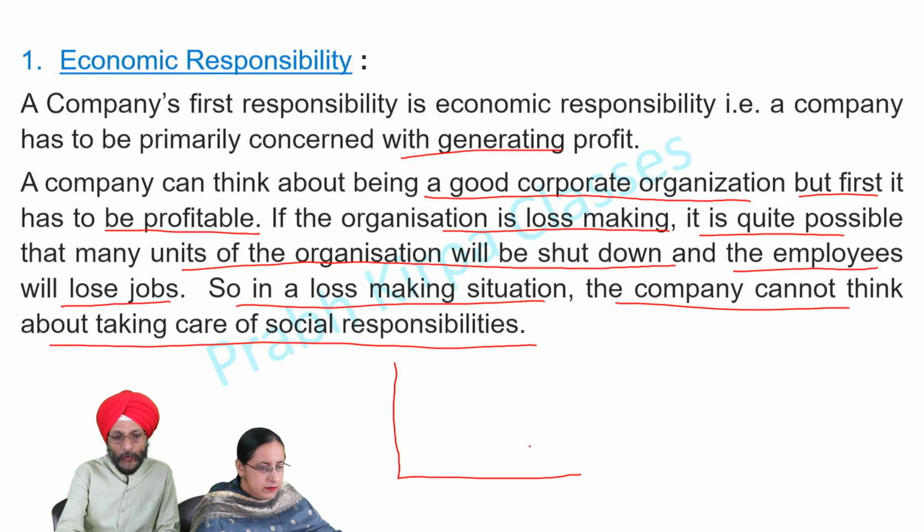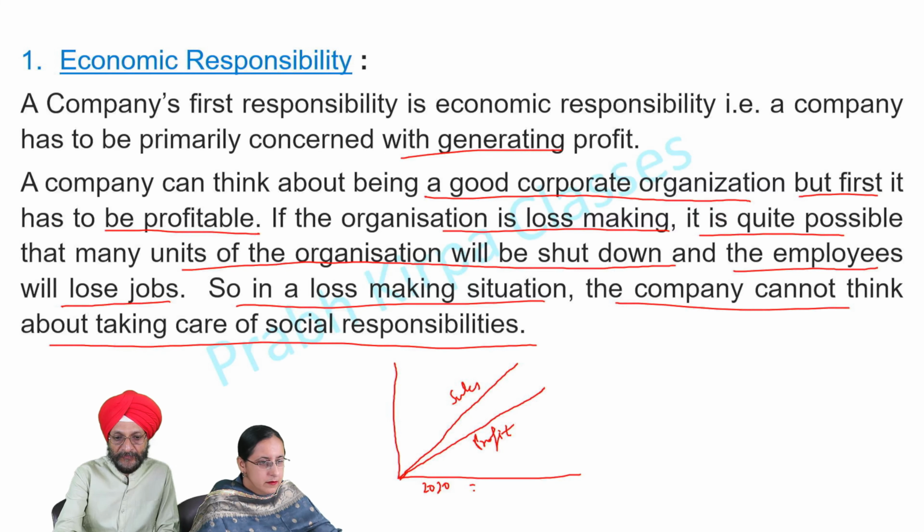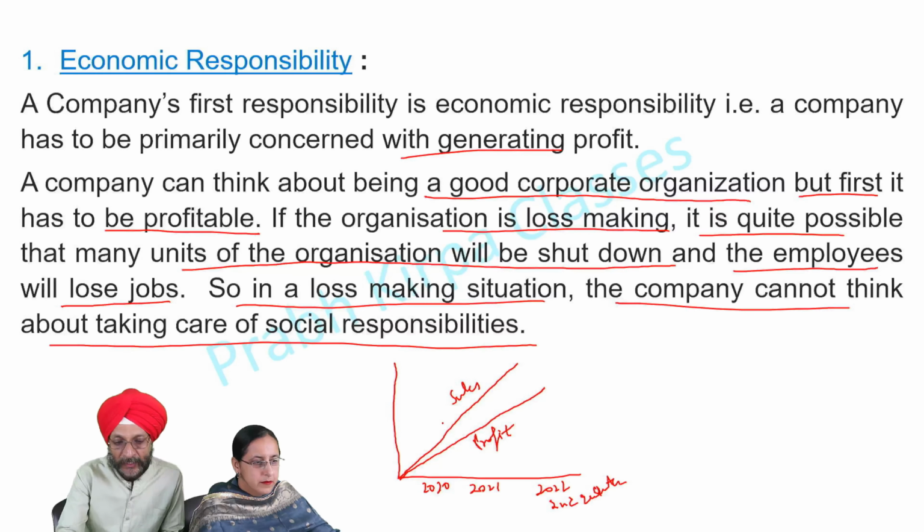Suppose the sales of the organization are increasing year by year, and its profit is also increasing year by year. This is the profit. This shows the sales. These are the years. In this picture, you can see that the sales are increasing, profits are increasing year on year.